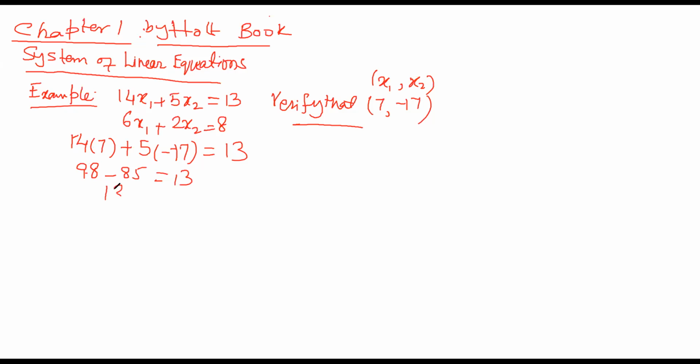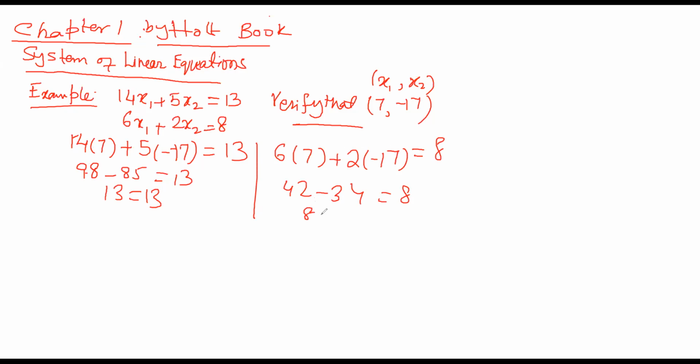So the first equation is satisfied. The second one is 6 into 7 plus 2 into minus 17 is equal to 8. So 42 minus 34 is equal to 8. So this is very school-level stuff which we have done.